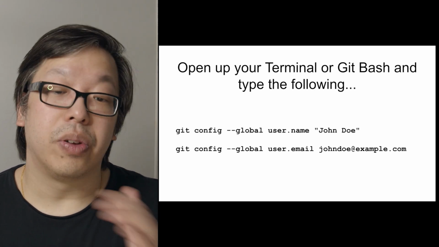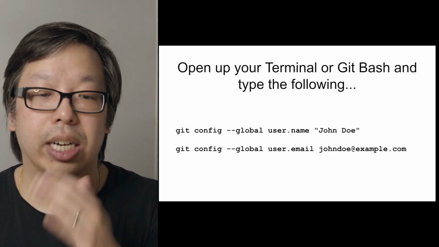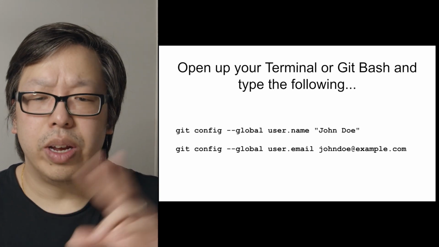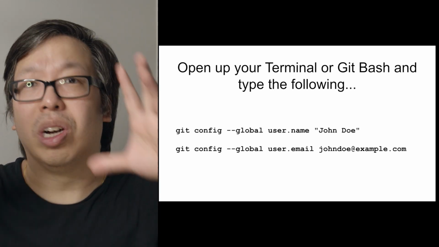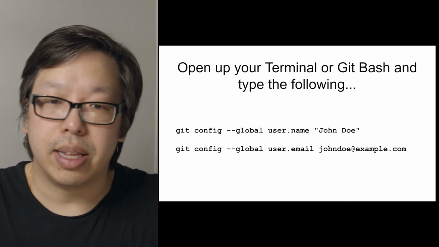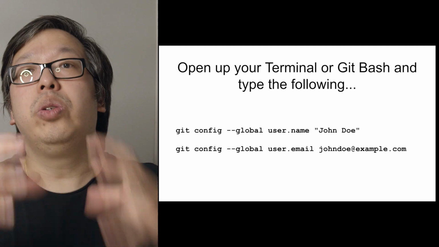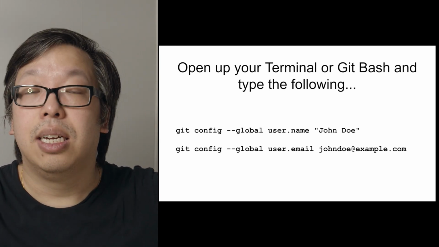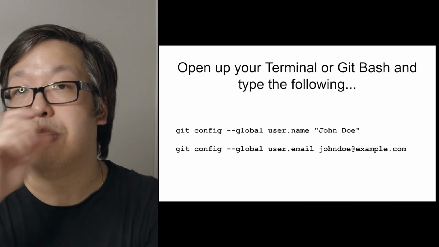And same thing with your email address: git config --global user.email and then your email address. You need quotation marks if there's a space, but email addresses don't have spaces, so there's no quotation marks around that, but around your name, that's there. Once you do that, from that point on your system, anytime you use Git, it's going to use that name and email address.